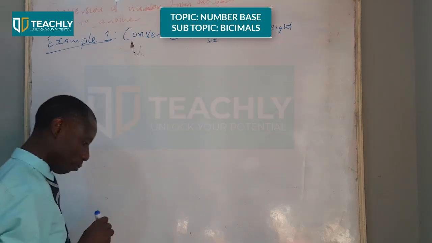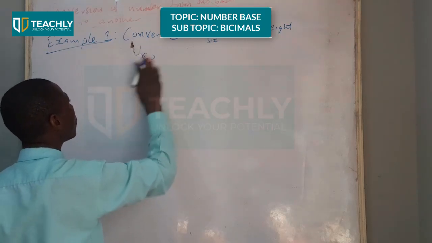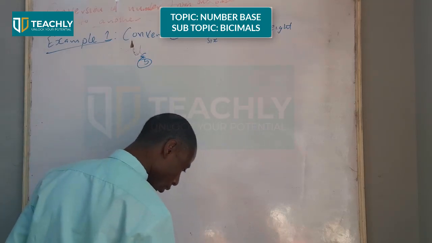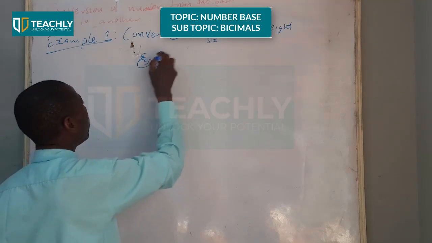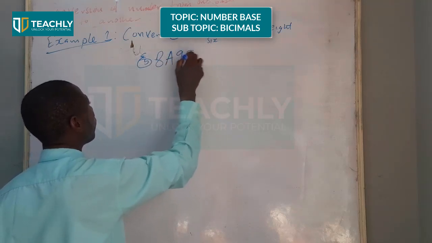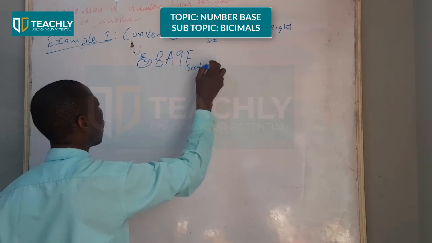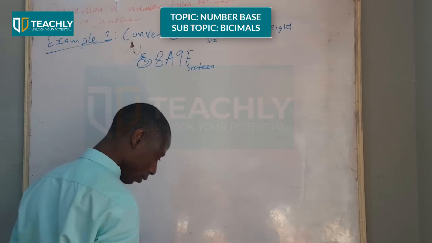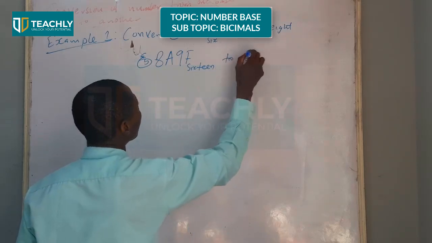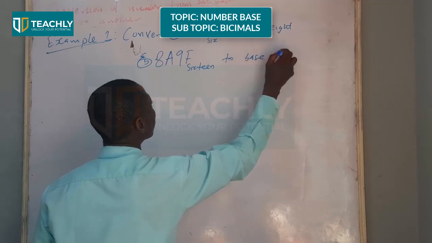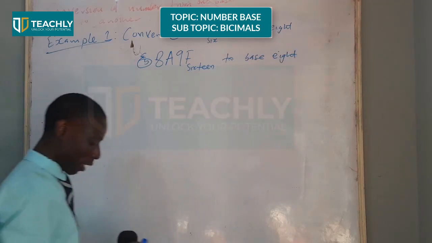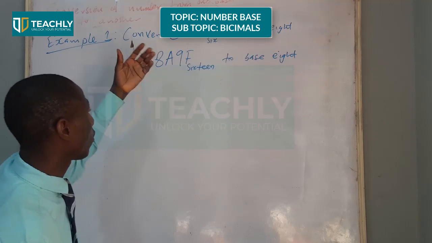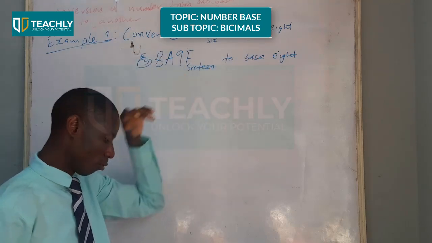While the next one is B, you have to convert 8A9F in base 16 to base 8. So you can see the two of them. The first one is convert from base 6 to base 8, and the second one convert from base 16 to base 8.